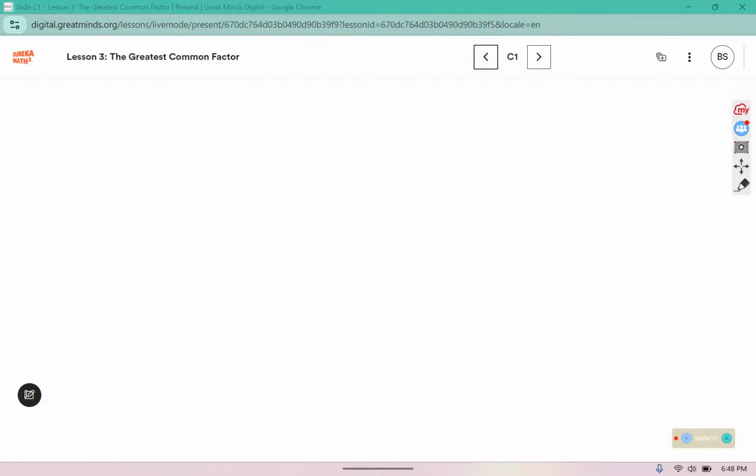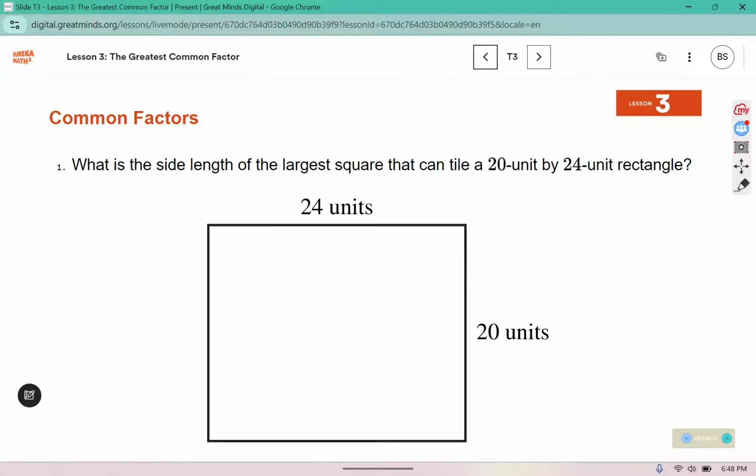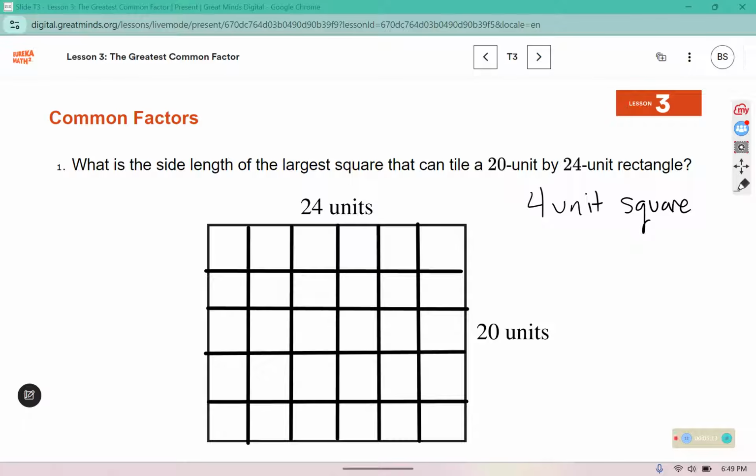So the side length of the largest square that will fit into a 20 by 24 rectangle is a 4-unit square. This isn't a perfect sketch, but you would fit 6 4s across the width and 5 4s across the length.